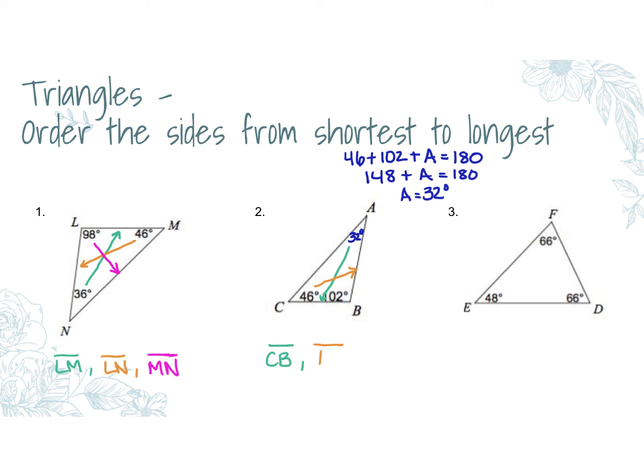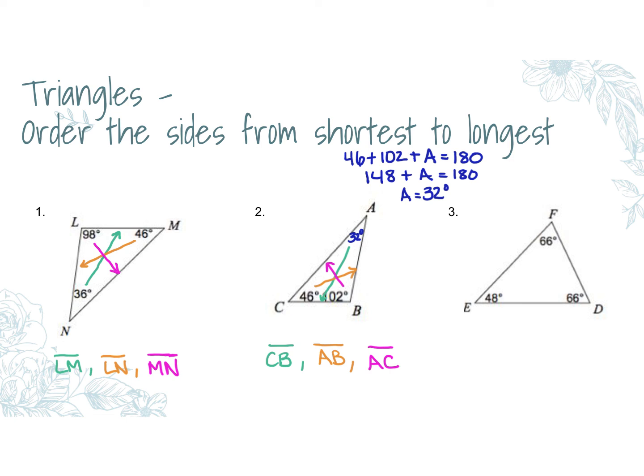Side AB is our middle side. And last, we'll draw an arrow across from our largest angle, angle B, 102 degrees, to its opposite side, and side AC is our longest side.